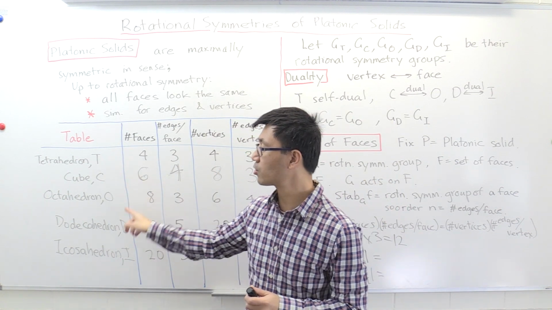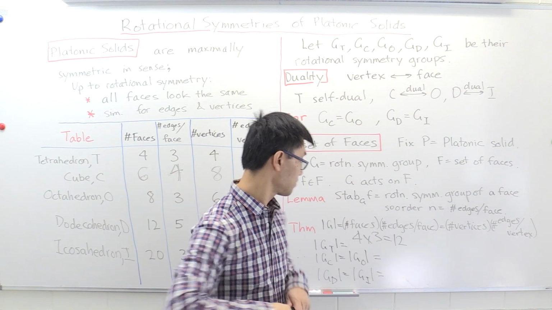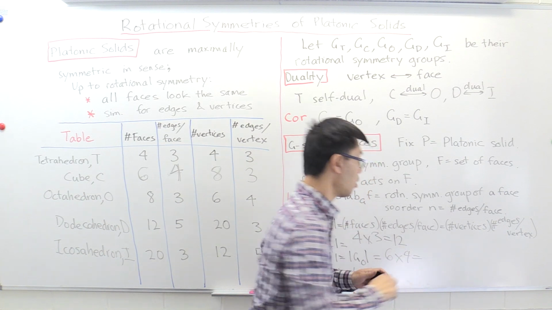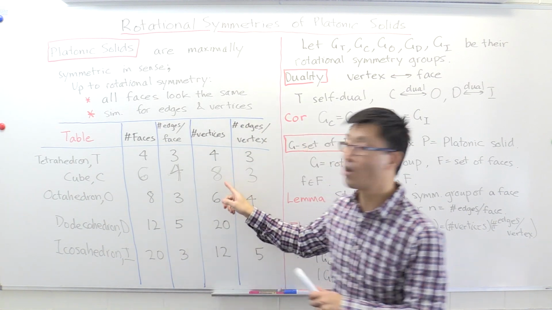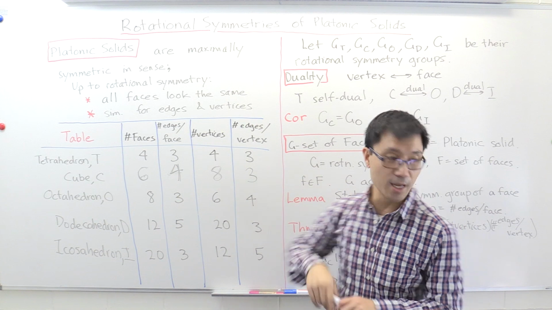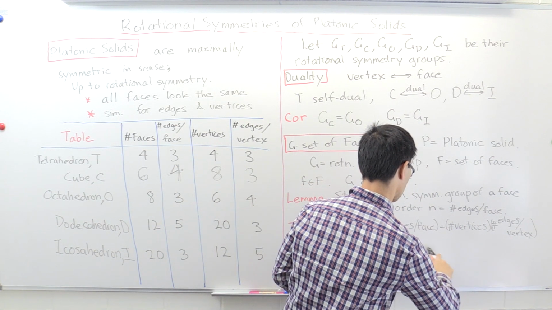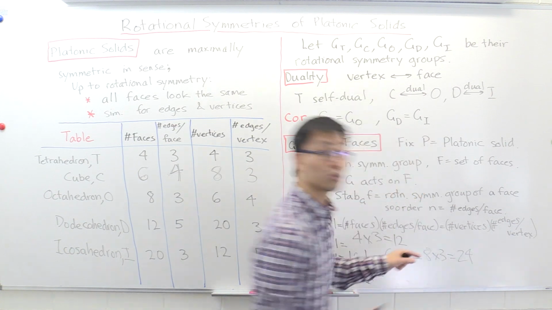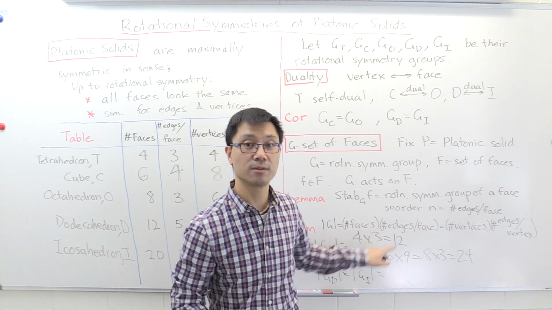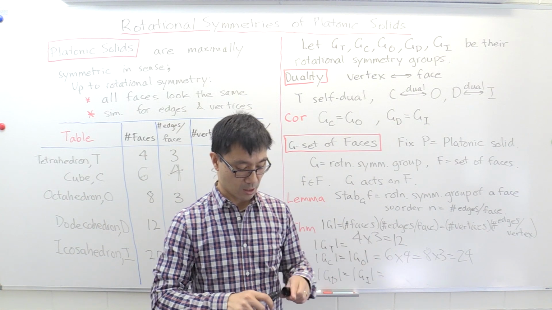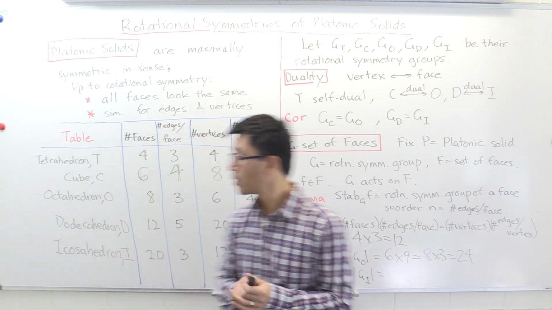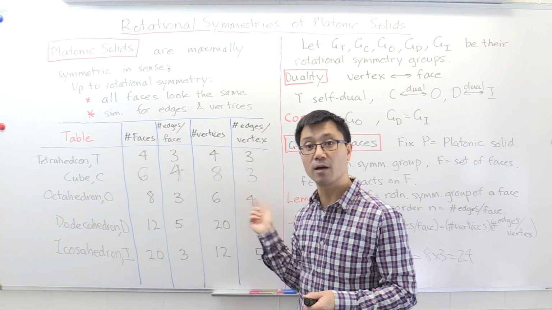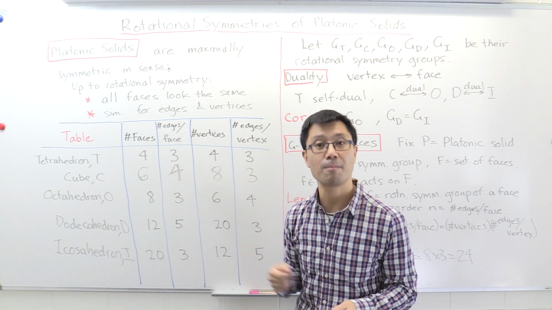For the cube and the octahedron, you can do 6 times 4, or you can do the number of vertices times the number of edges per vertex, 8 times 3. And so what does that equal? 24. It doesn't matter how you calculate it. When you do the octahedron, of course, you get the same numbers, except these have swapped around. So the same products appear.